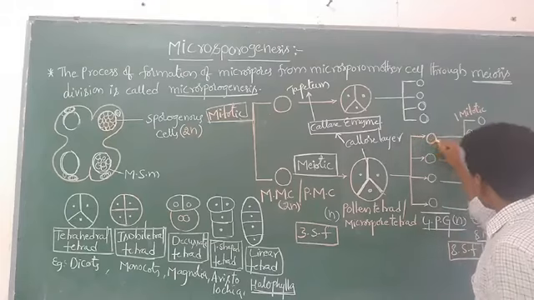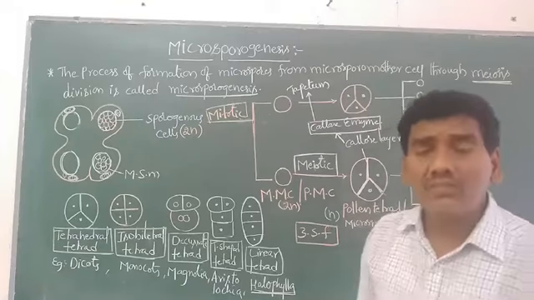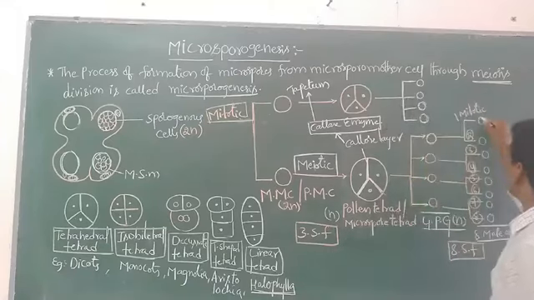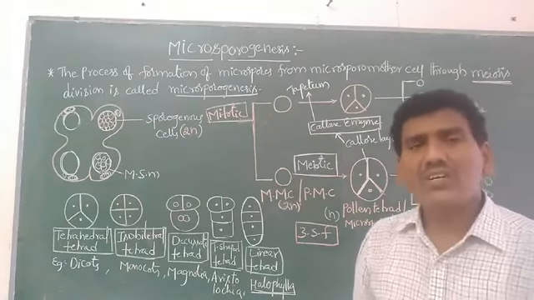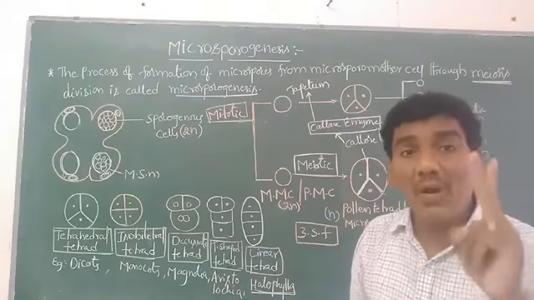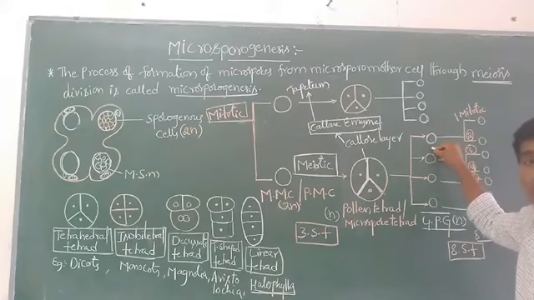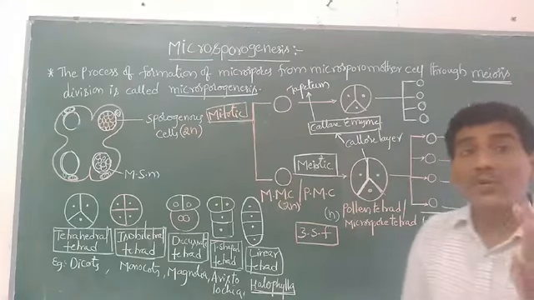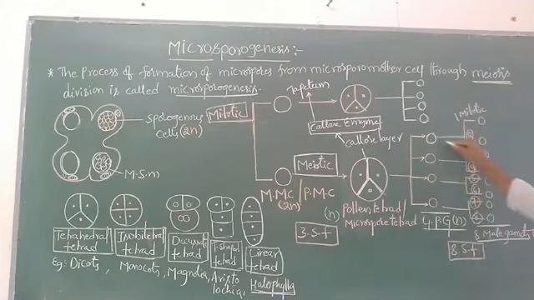The pollen grain undergoes two mitotic divisions to form two male gametes. Totally, how many pollen grains are developed? Four pollen grains. From those four pollen grains, how many male gametes are formed? Totally eight male gametes are formed.